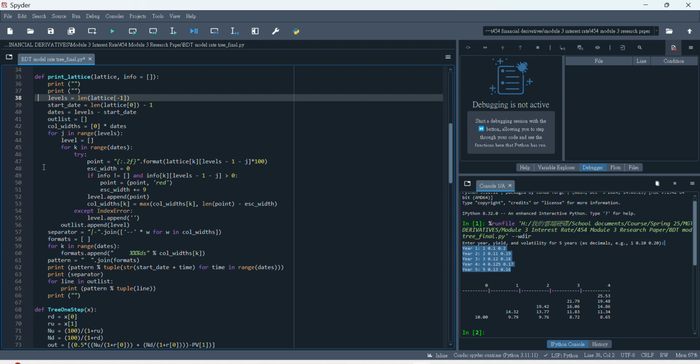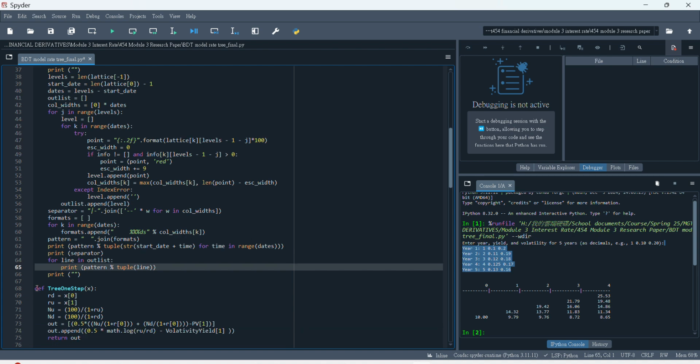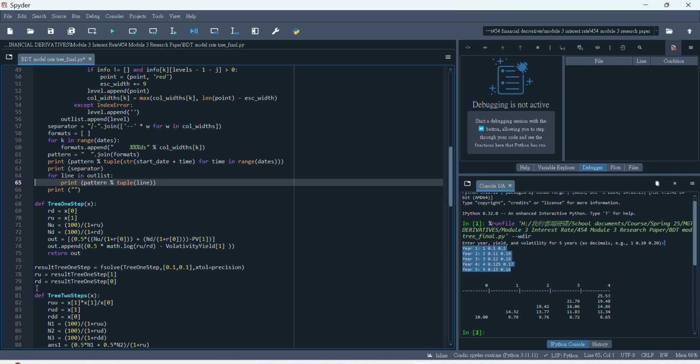Line 53, determines appropriate column width for alignment. Line 62, prints the year numbers as column headers. Line 63, uses a separator line for clarity. Line 65, prints each row of the tree, aligning the rates properly. So the result is a formatted binomial tree that clearly shows how rates evolve over time and across different scenarios.